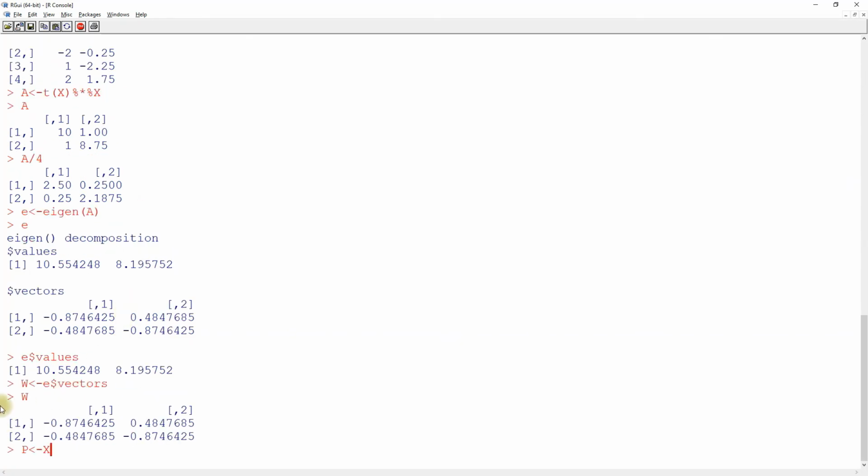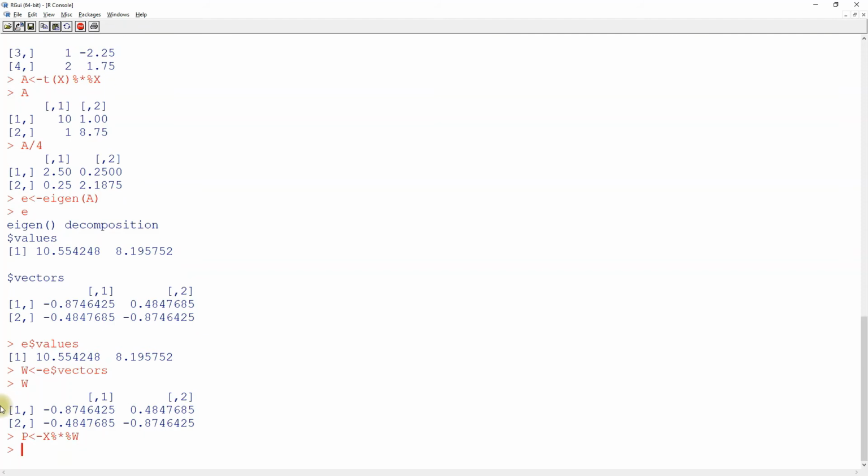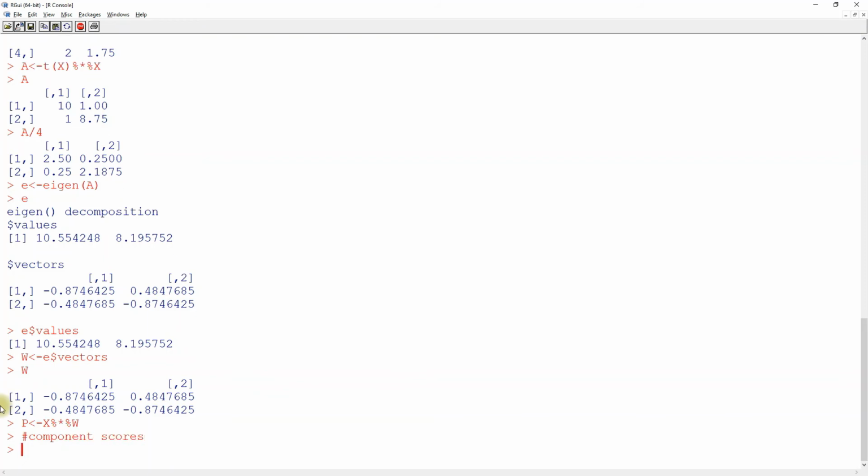So you are manipulating matrices. This is why you see me writing this percentage sign here. That's the way I deal with multiplication of matrices. So what are we getting here? We call that the component scores. The P that you got are the component scores.